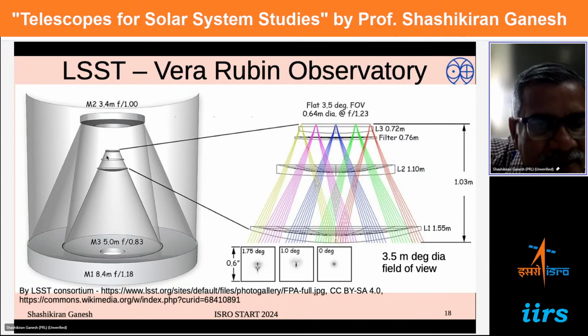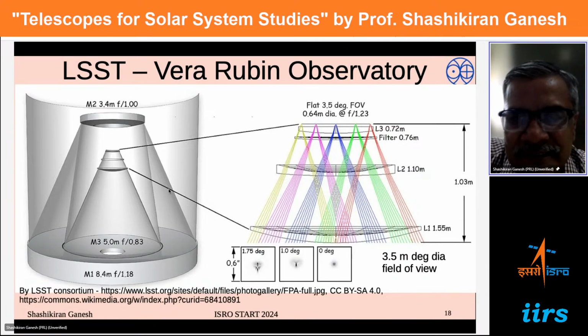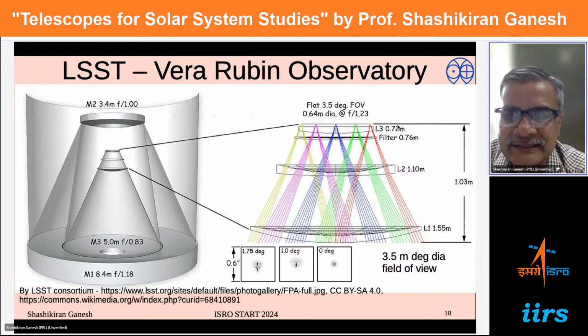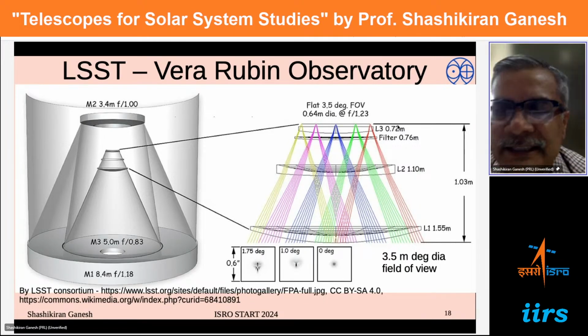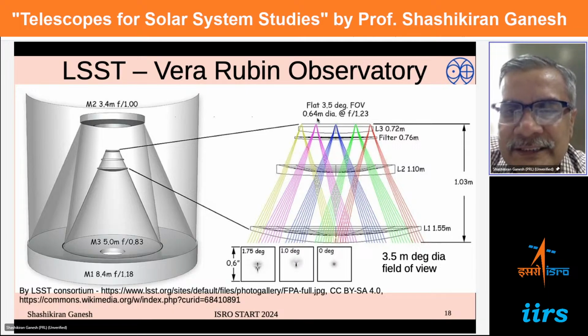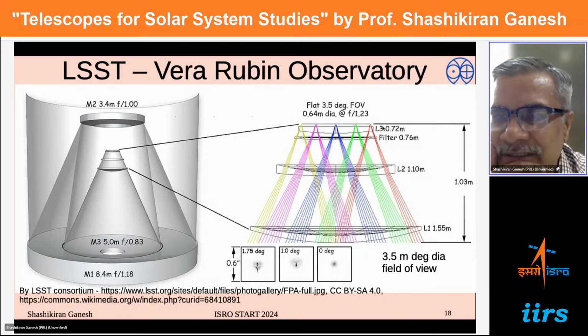And then from there, it goes through a series of corrector plates, which are shown here, and falls on a camera, which is the largest ever made camera in the world. The camera itself is 64 centimeters across, so the detector plane is 64 centimeters across.